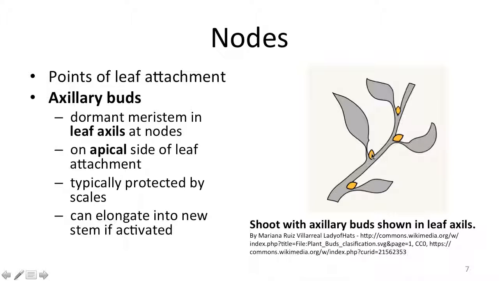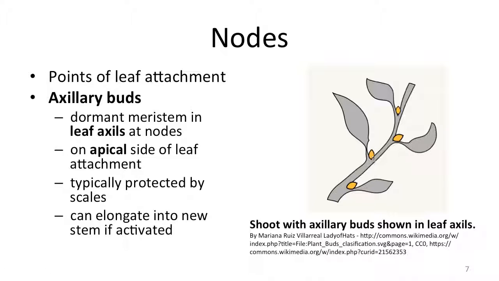Usually this meristem is going to be protected by scales, and that's to keep it from being damaged from herbivores or from the weather. These axillary buds are usually going to be dormant.